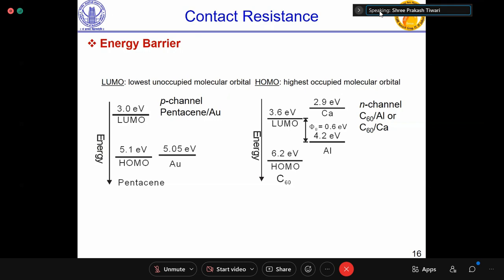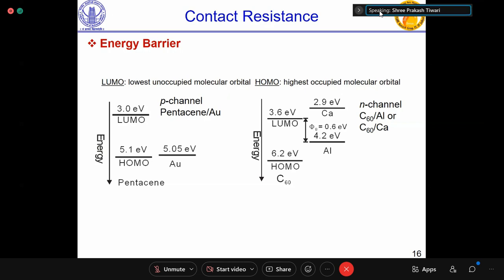Now, LUMO is close to conduction band, and HOMO corresponds to valence band. And metal always will have a work function. Now, for N-type devices, LUMO corresponds to conduction band, so electron transport will happen through LUMO. For N-channel device, you have to see the barrier between the metal work function and LUMO. And for P-channel device or P-type transport, you have to see the barrier between HOMO and the metal. So there will always be a source to semiconductor barrier.